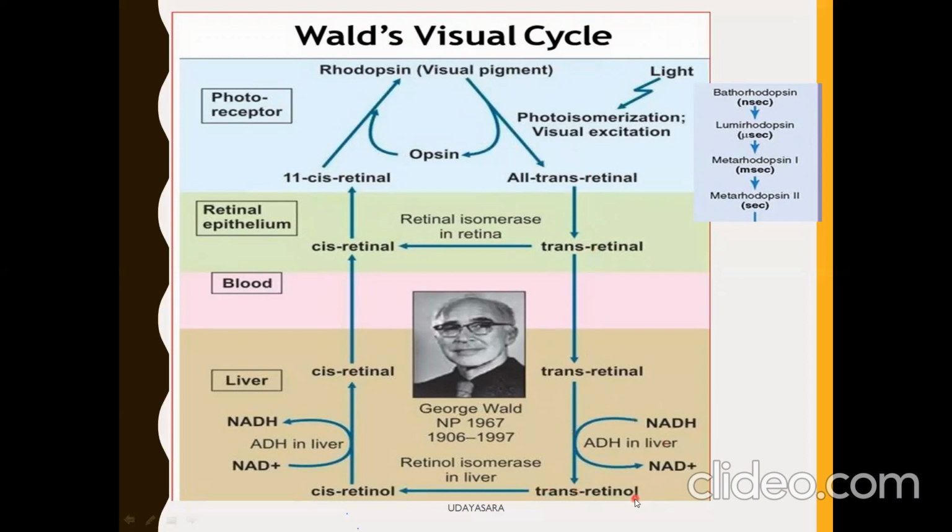This retinol is isomerized by retinol isomerases in the liver to cis retinol. This retinol is oxidized by dehydrogenases to form cis retinal. This retinal reaches the retinal epithelium and combines with the opsin to form rhodopsin, and hence it is regenerated.